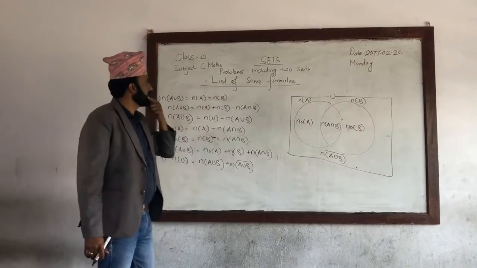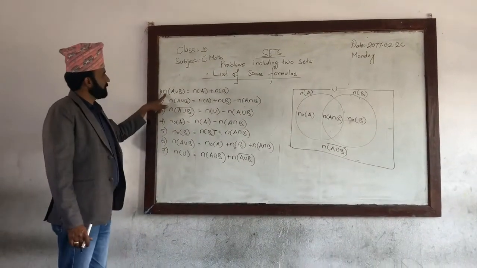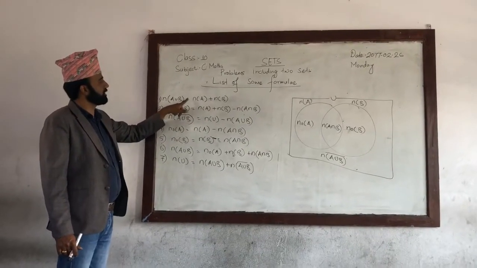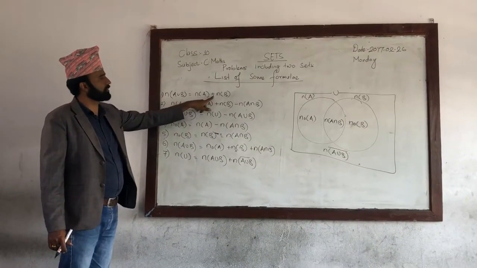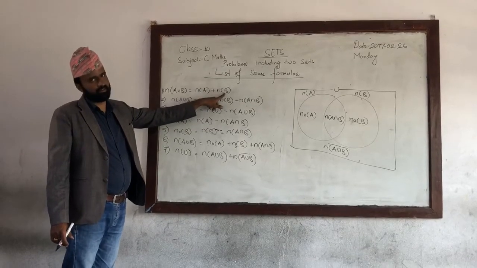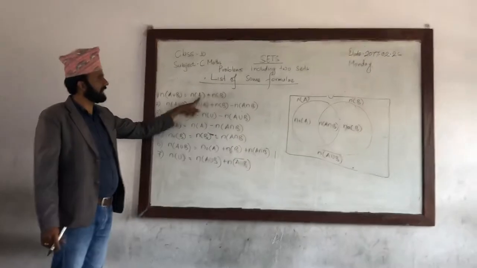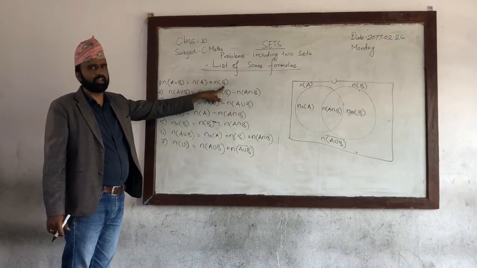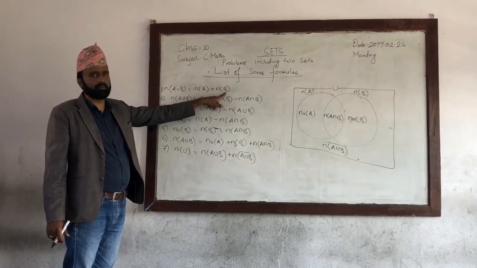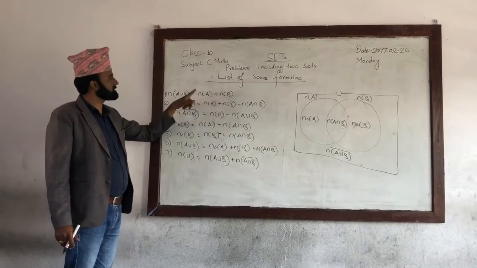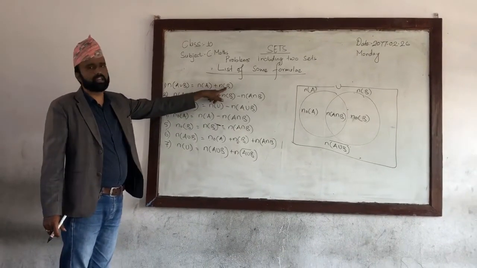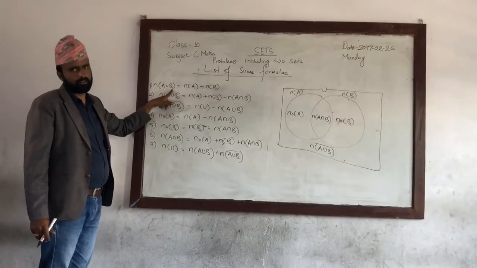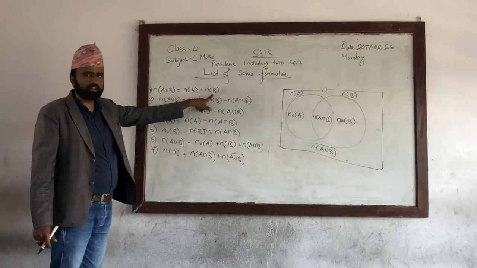Now, n(A union B) equals n(A) plus n(B) when set A and set B are disjoint, when there are no common elements. We just add the 2 sets to find n(A union B) if sets are disjoint.